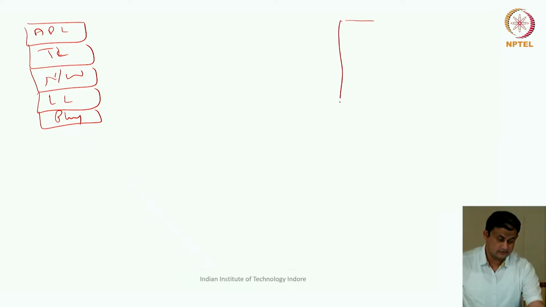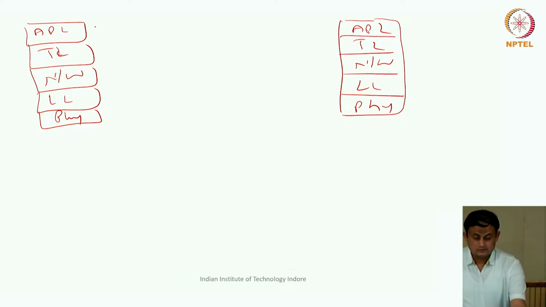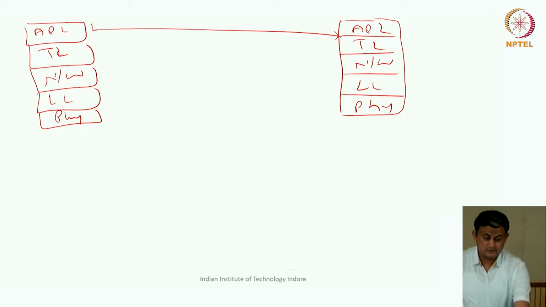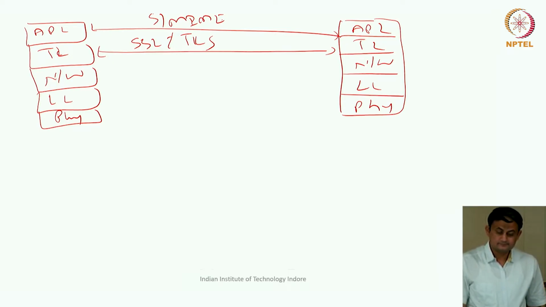Again, the same set of layers are there at the other end. So the first security method that we discussed, S/MIME, was operating at the application layer, and then we said that SSL or TLS security operates at the transport layer.